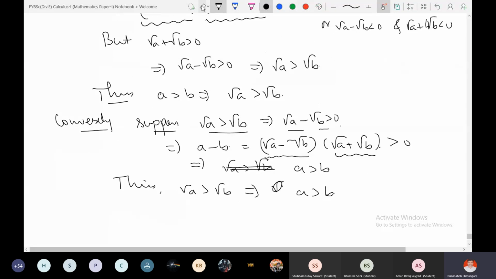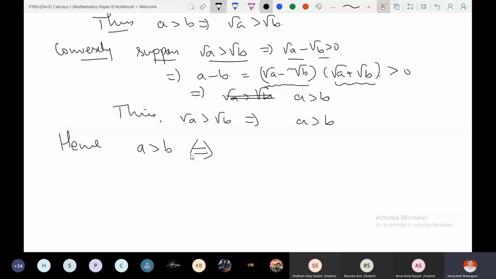Fine. So is it clear? Yes, sir. If I assume a greater than b, then I can prove that root a is greater than root b. And conversely, if I assume root a is greater than root b, then also I can prove that a is greater than b. Hence, what is the conclusion? a greater than b if and only if root a greater than root b, because both ways I can prove this.